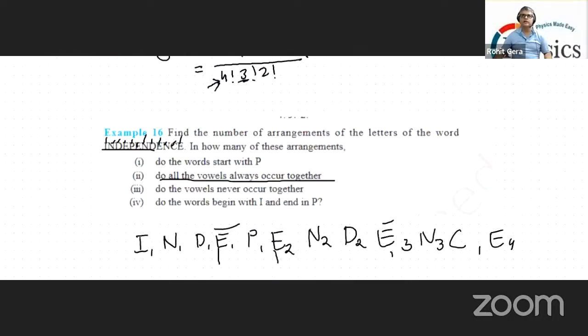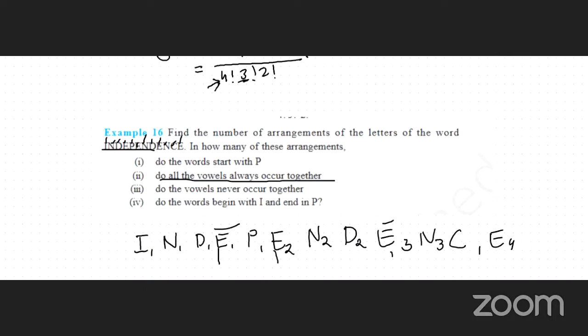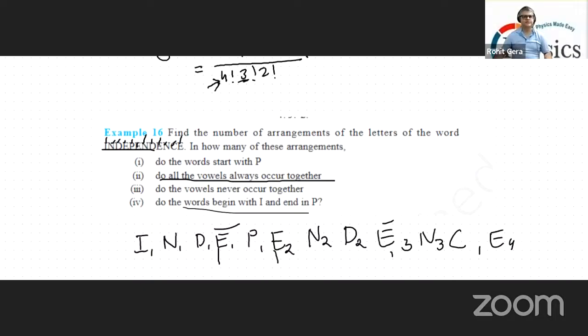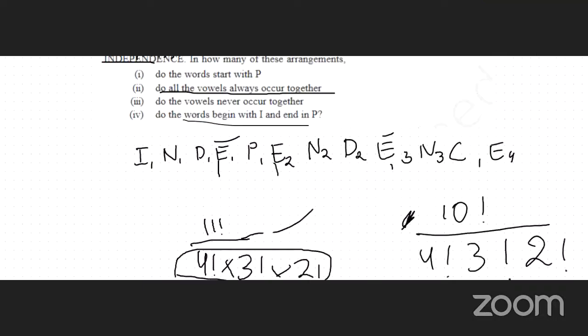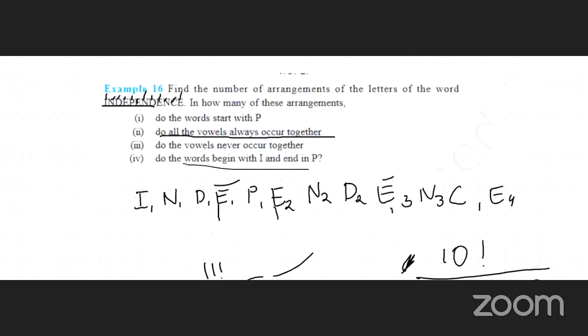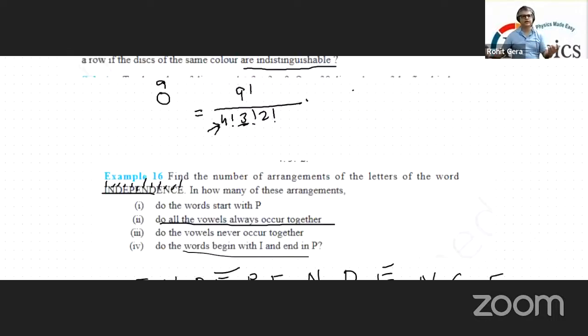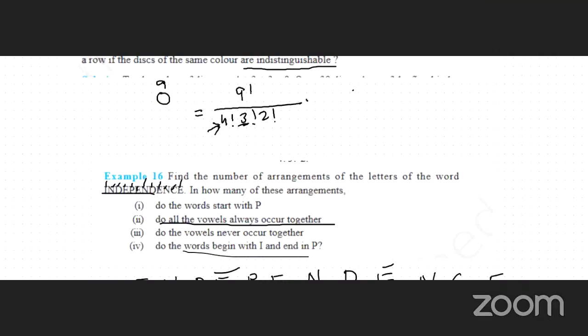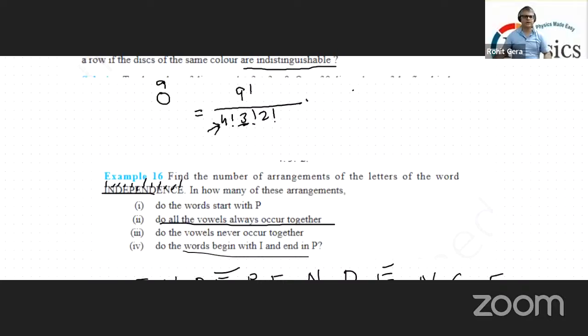So first of all, out of 12, 2 are fixed now. Which means they become one block, and the balance 10 are one block. So total 11. And the P and I begin with I, so the two I's are fixed. Leave them, they are fixed, so you're left with only 10.